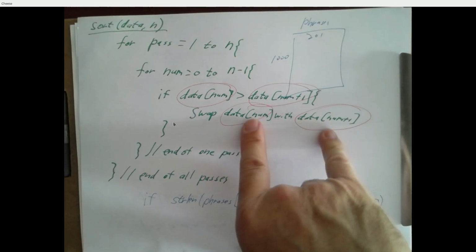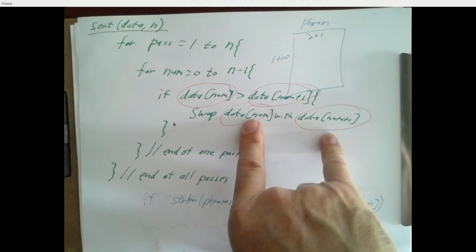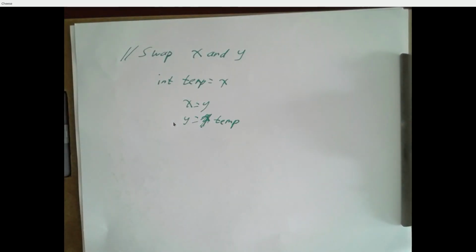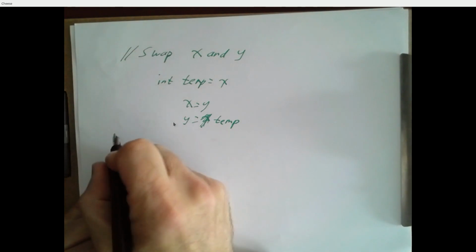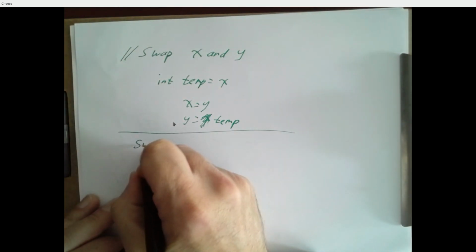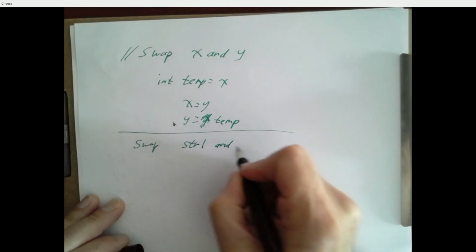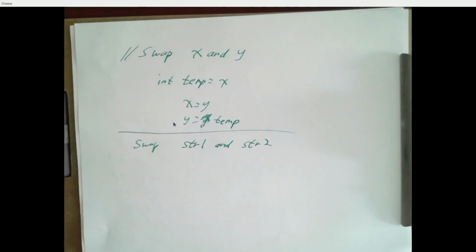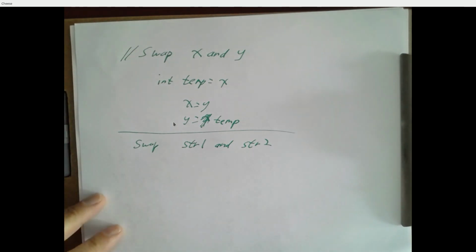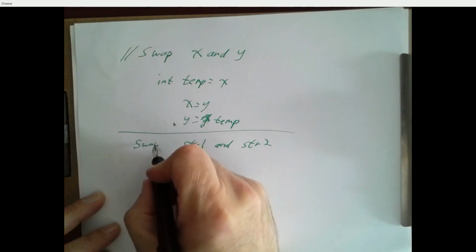And to actually do the swap, you need to do something a little different. So string 1 and string 2 are two strings that you want to swap with each other. They're actually elements in your dictionary, but just imagine they're strings, which they are.